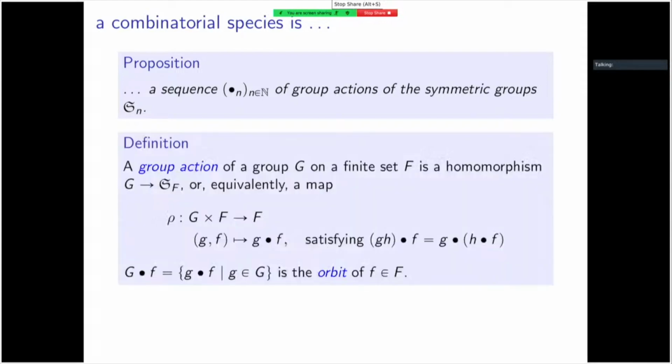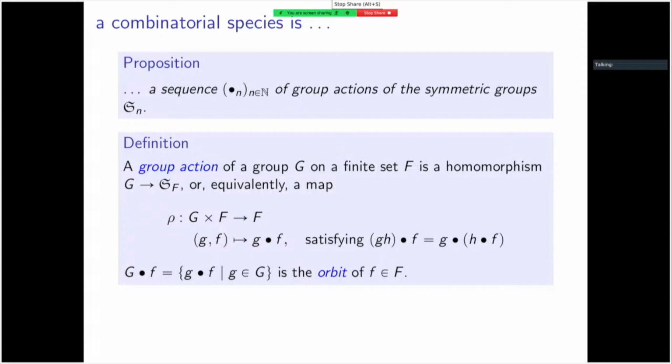We have, here I mean actually a finite group acting on a finite set F, which is a homomorphism from the group to the permutations of this finite set, or equivalently a map which takes a group element and an element of my finite set, and transforms this finite set in some sensible way, namely that this action law holds.